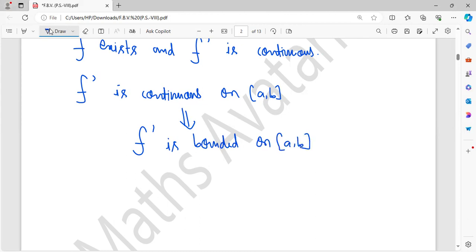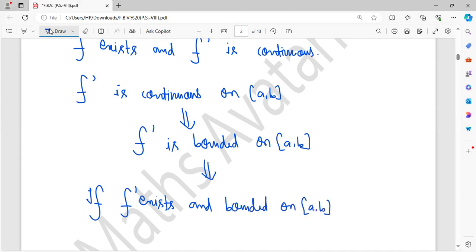Now we know that if f dash exists and is bounded on [a, b], then f is a function of bounded variation.